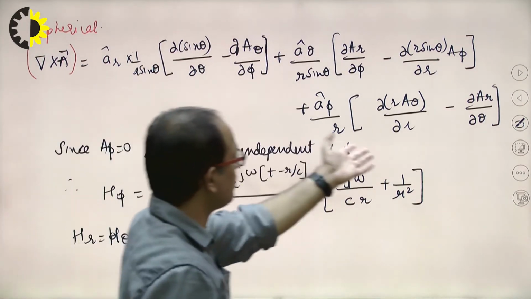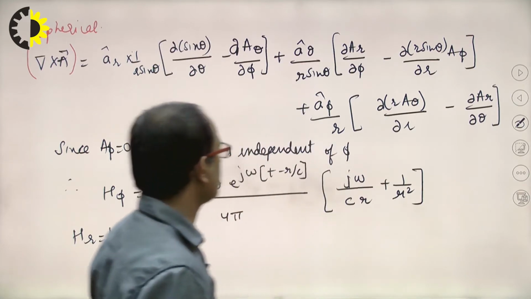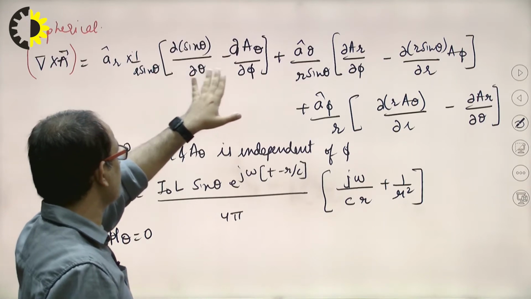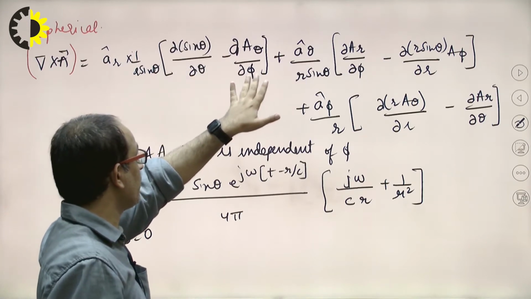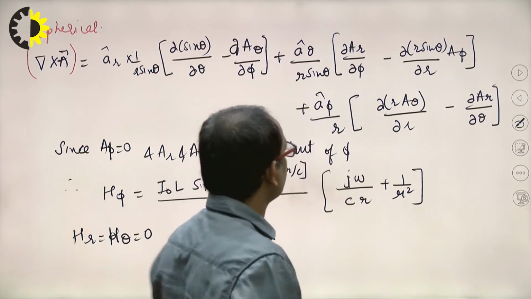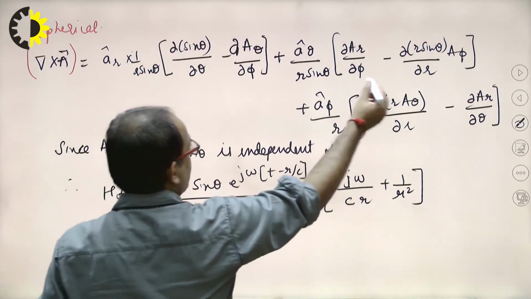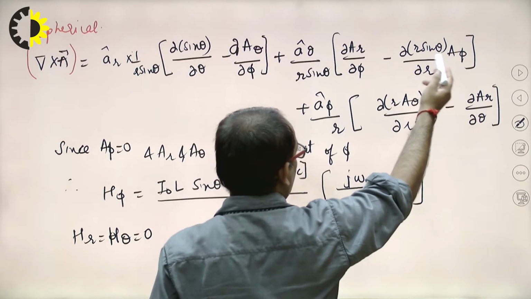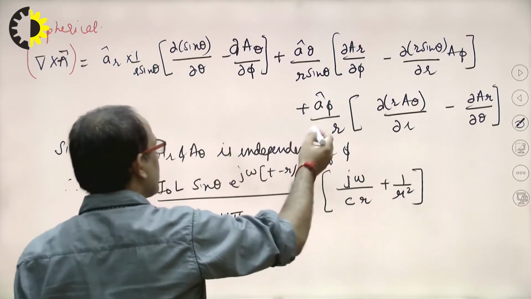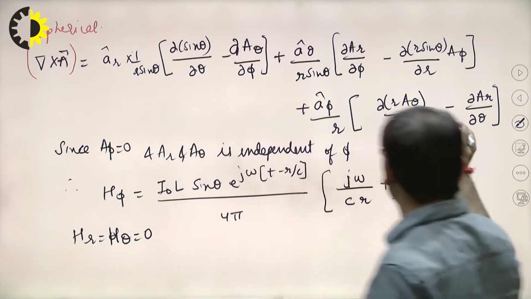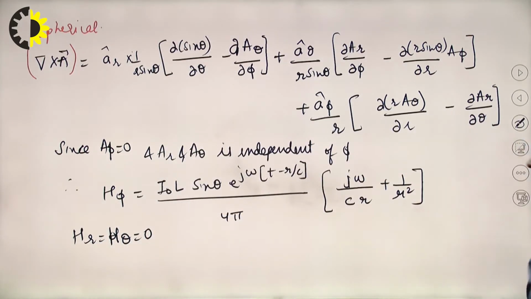This is the formula which we discussed in the earlier lectures: a cap r 1 by r sin theta, partial differentiation with respect to theta of sin theta A phi minus partial differentiation with respect to phi of A theta, plus a cap theta 1 by r sin theta, partial differentiation with respect to phi of A r minus partial differentiation with respect to r of r sin theta A phi, plus a cap phi divided by r, bracket start partial differentiation with respect to r of r A theta minus partial differentiation with respect to theta of A r.